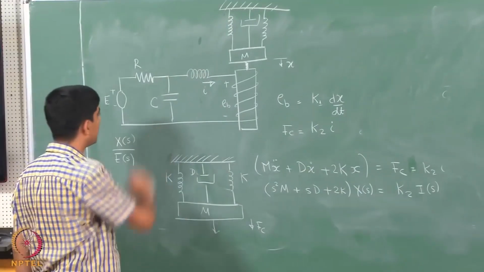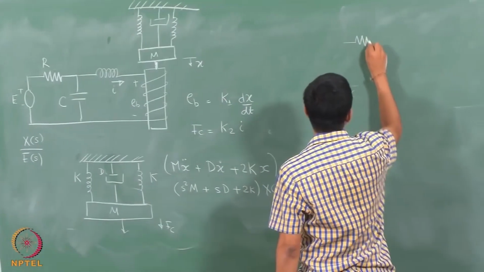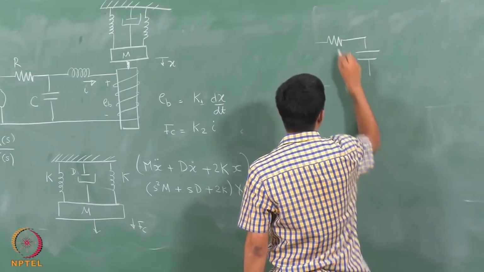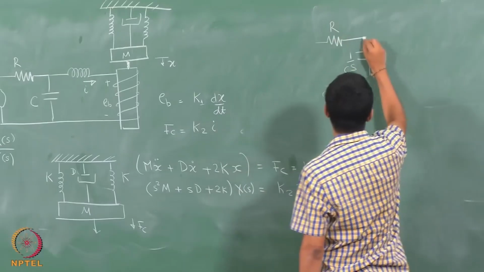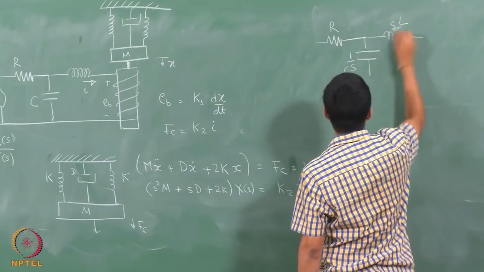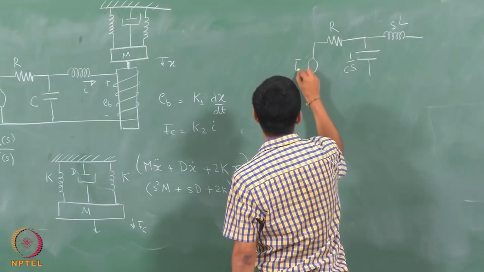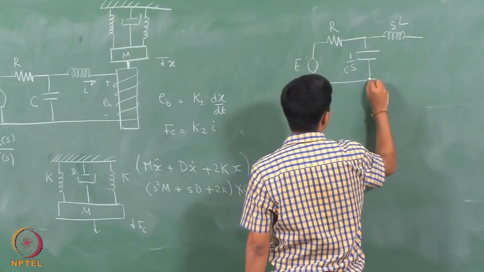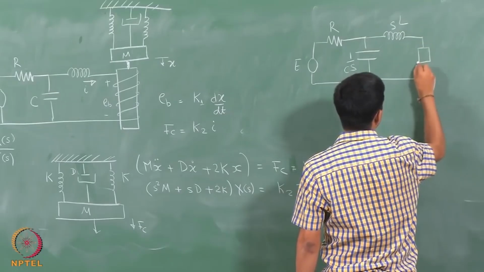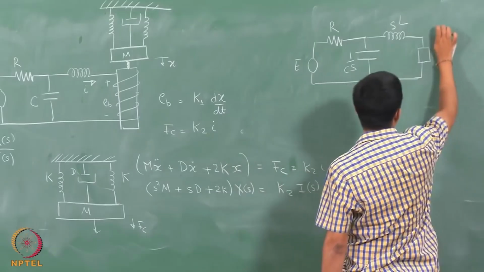Okay. Now, the electrical part, right, I can write down this equivalently in the S domain directly. So, I have 1 over Cs, R, S times L, and I have a E, and I have some, I will just draw a block here called the EB, right, or the back EMF.